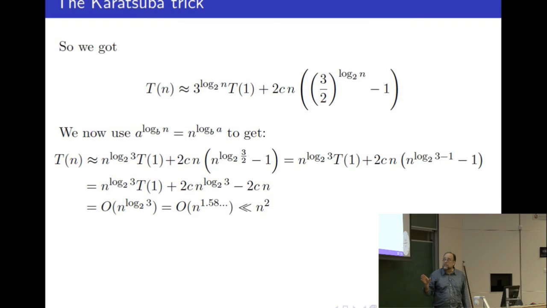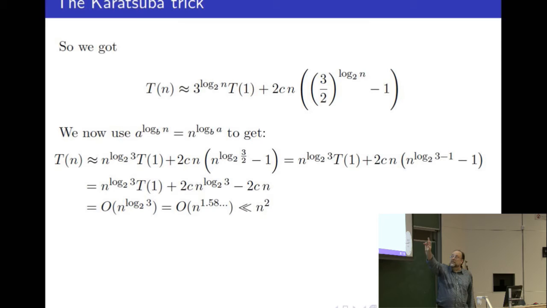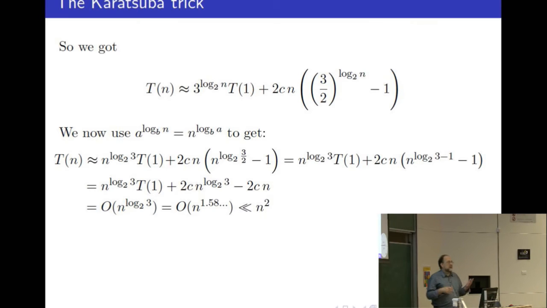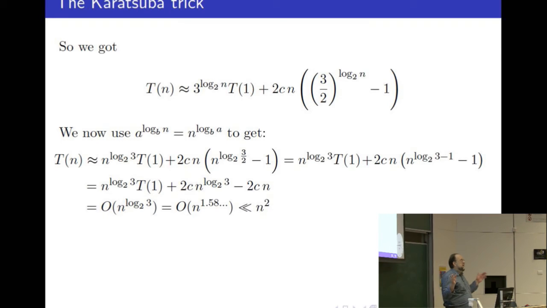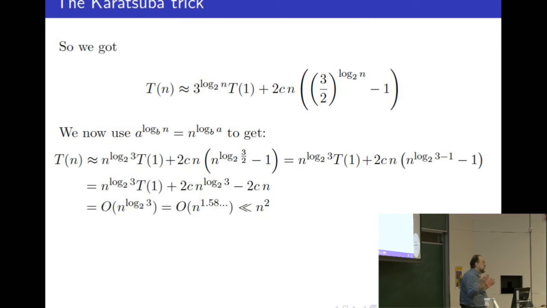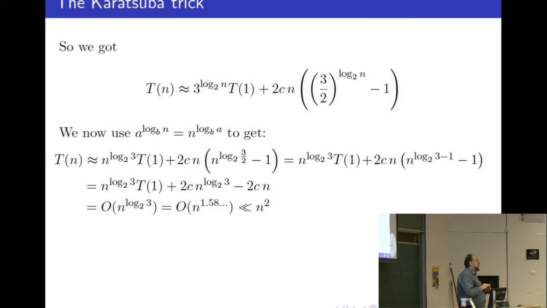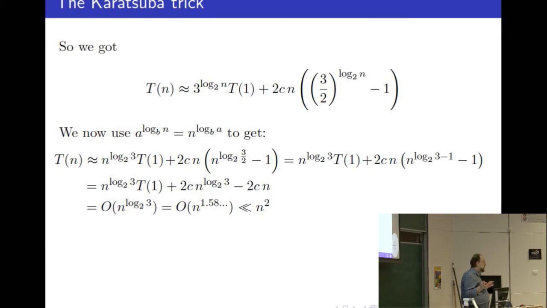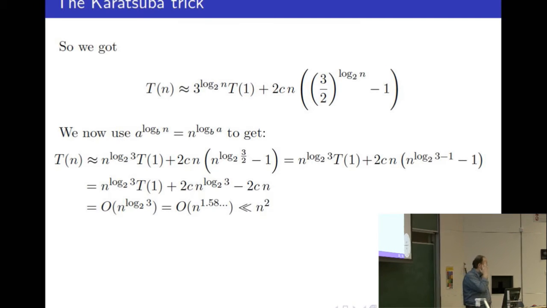So it's a considerable saving. If n is very large, this is much smaller than n squared. And in fact, all the software packages that are capable of multiplying very large numbers, like the ones used in cryptography, they don't do it brute force. They use some variants of these fast algorithms.